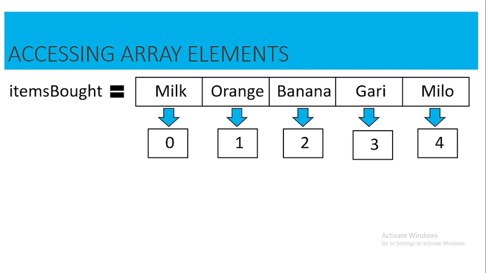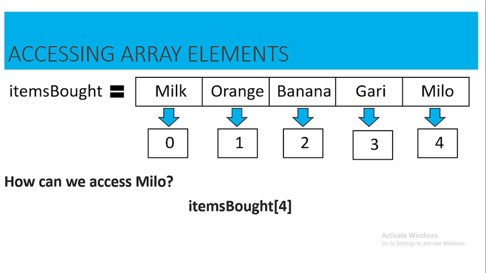If we want to access Milo, we use the same format. Items-bot, referring to Milo's index. So items-bot, square bracket open, then the index of Milo, 4, then we close it with the what?